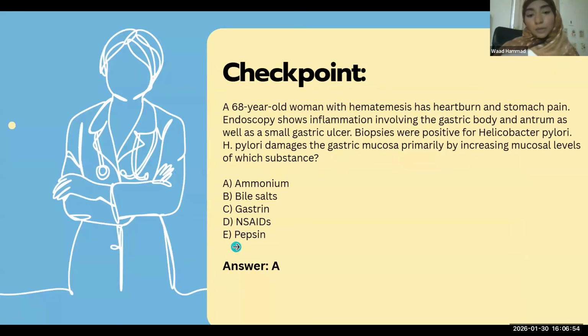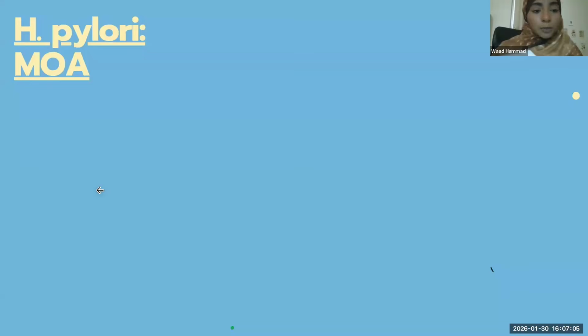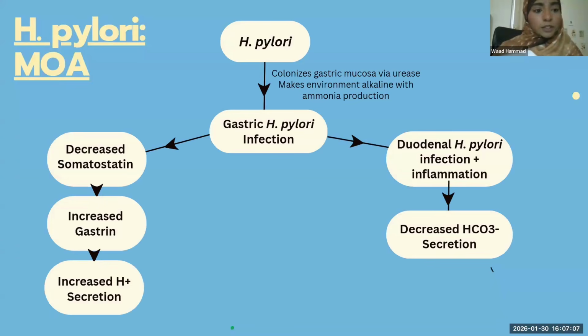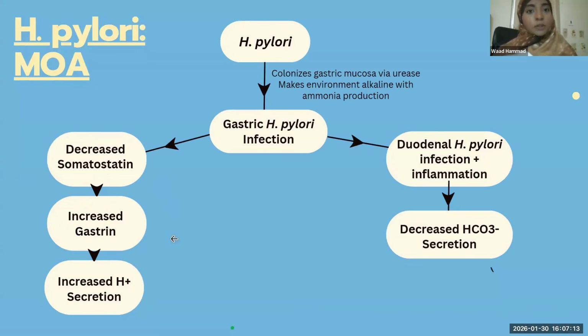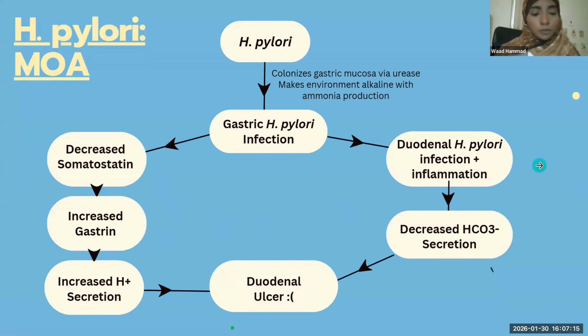I don't think it would be correct, but actually it would probably be correct. You're right, because it does stimulate the cells in our stomach. For example, somatostatin will decrease, so more gastrin, and then gastrin can act on enterochromaffin-like cells. So histamine, if it was an option, would most likely be correct.